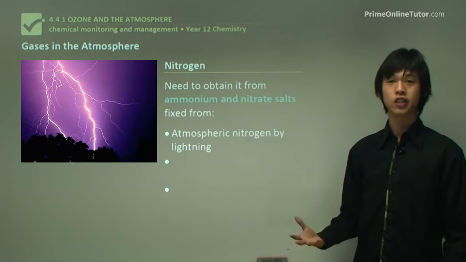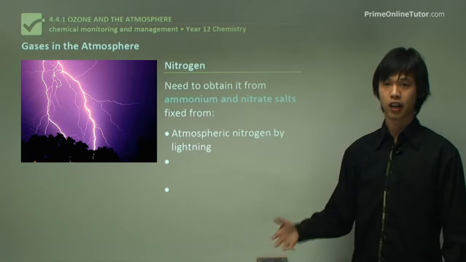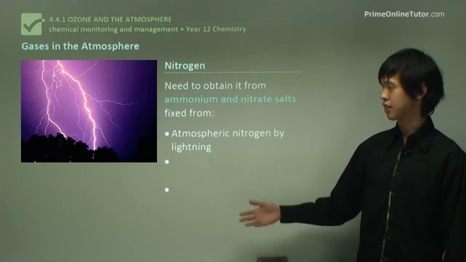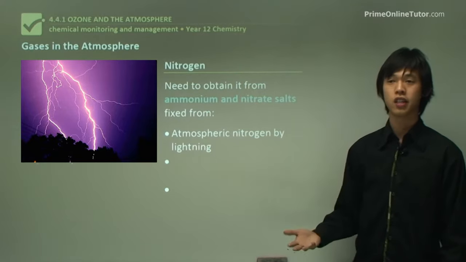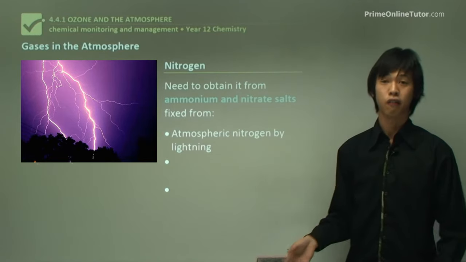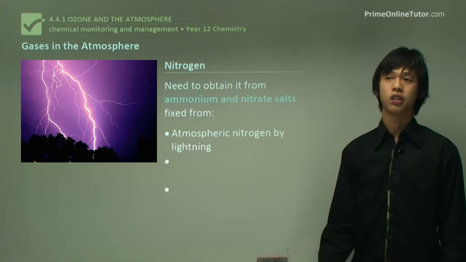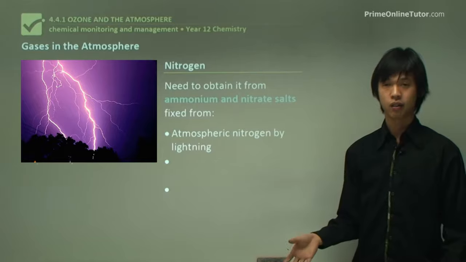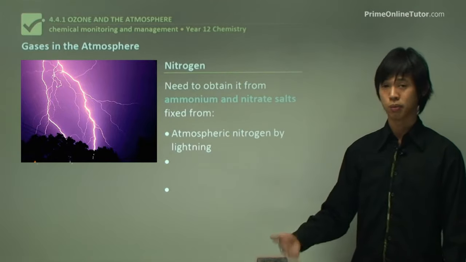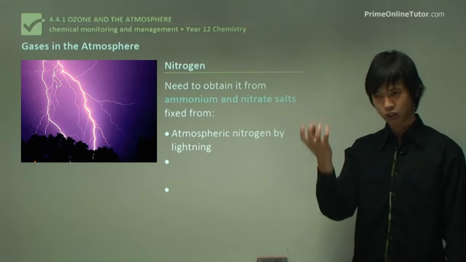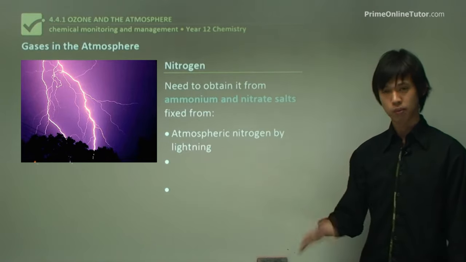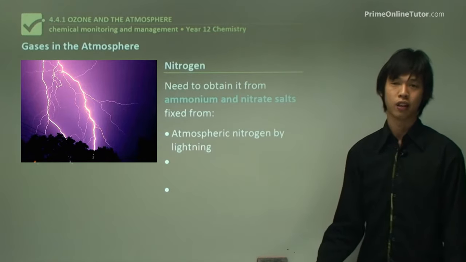Because there's so much energy in lightning, I'm sure you've seen and heard the thunder and all the various things associated with lightning, it can break down that nitrogen and form nitrous oxides, which then mix with the water in the air. Because lightning usually comes with rain, the rain will draw that nitrous oxide out of the air and it'll seep into the soil, which is now available for plants to absorb.